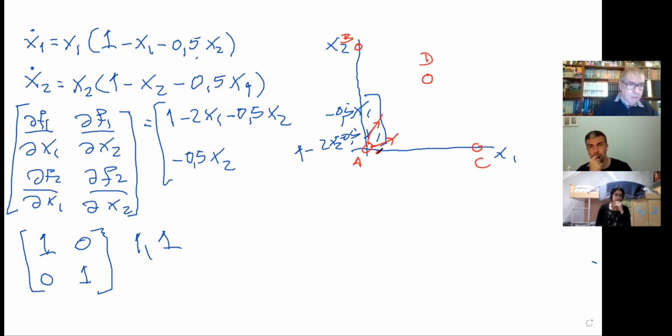x2 is 0, so x2 dot is 0. x2 is 0, so x1 dot is something, and x2 dot is 0 because x2 is 0. This is only valid over the x1 axis.